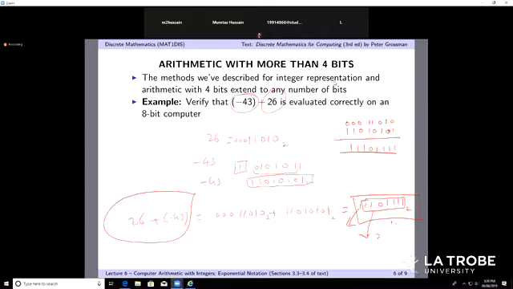The 2's complement is: I should not have put it there, I would have to flip it. The rightmost 1 and the trailing zeros stay the same, and the rest you flip. So this is 1, that is 1, that is 1, this is 0, that is 1, that is 1.